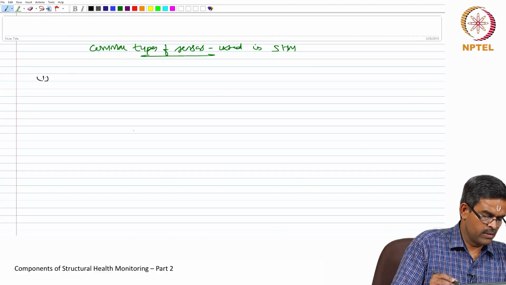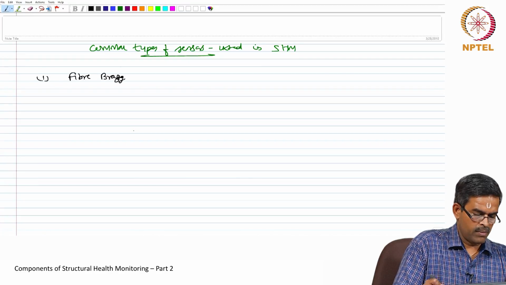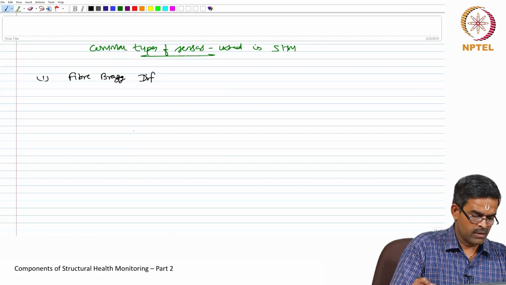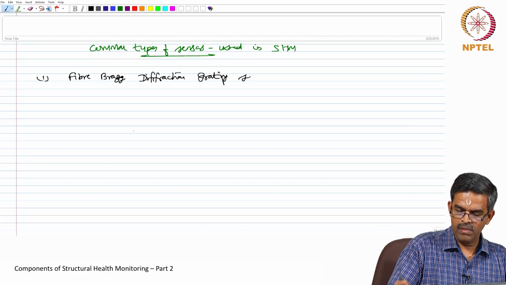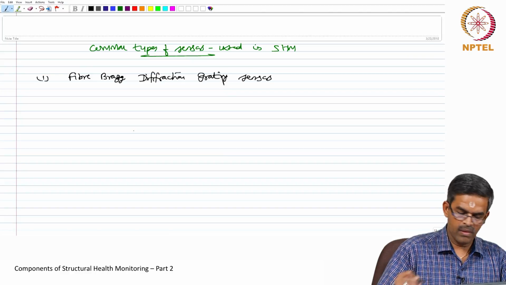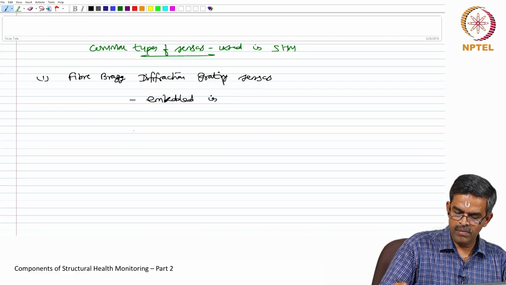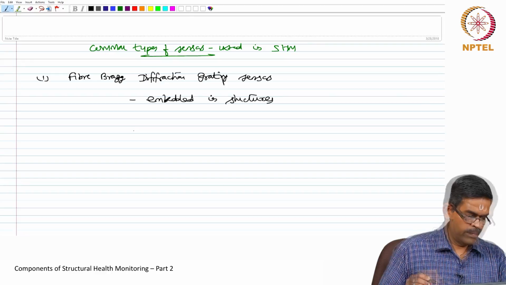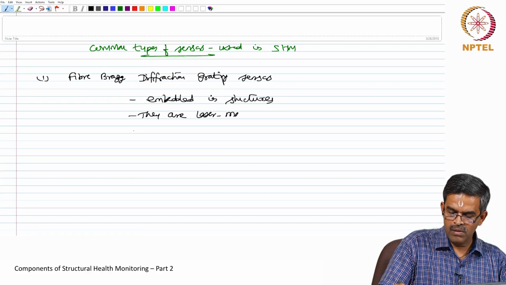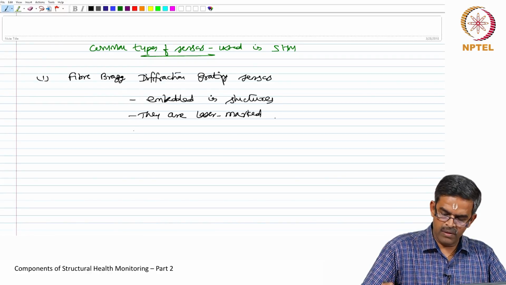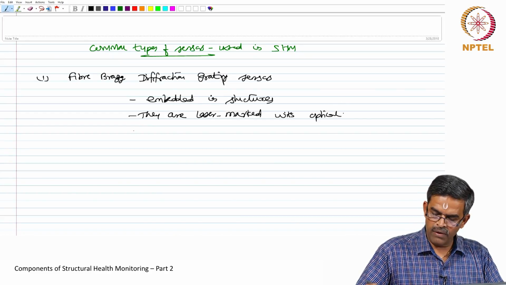The foremost in the list is fiber Bragg diffraction grating sensors. They are actually embedded in structures. They are laser marked with optical interference parameter.